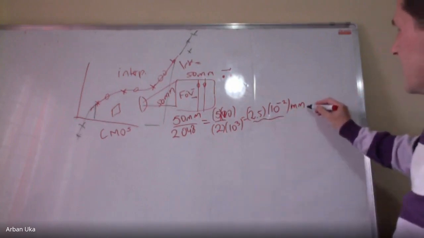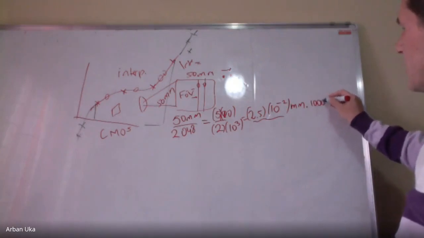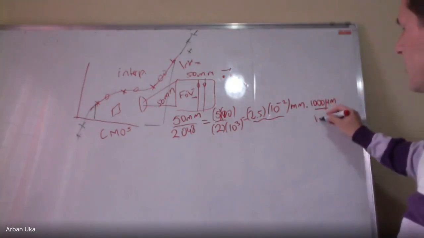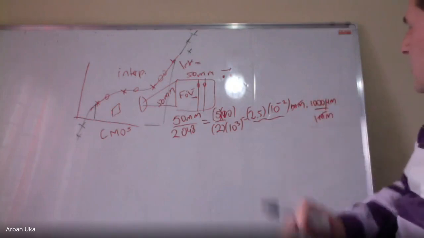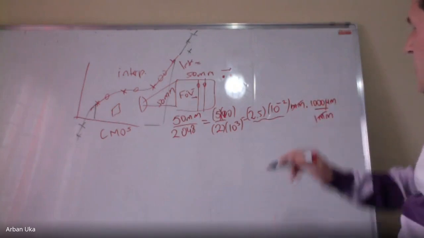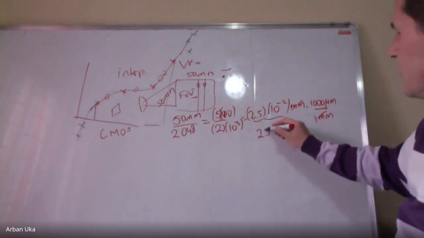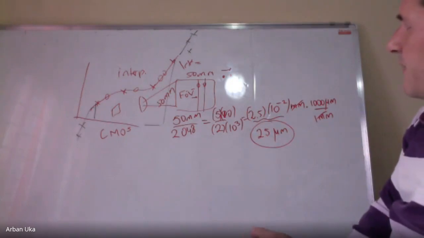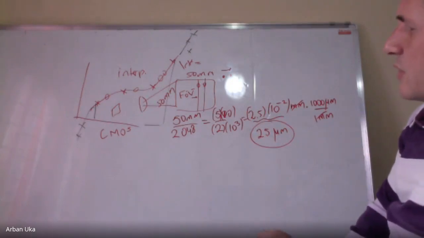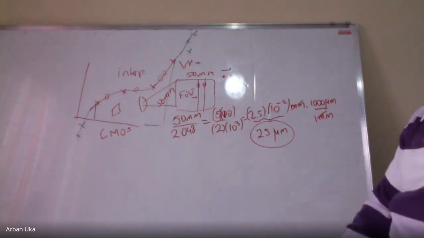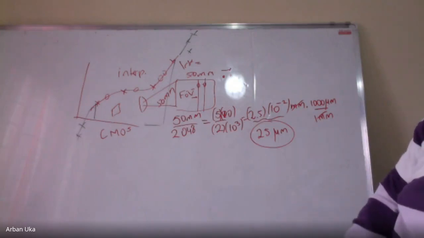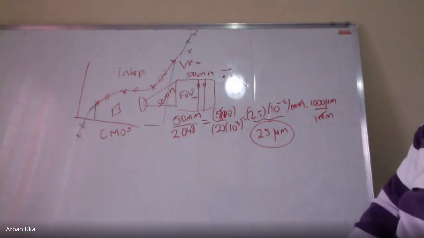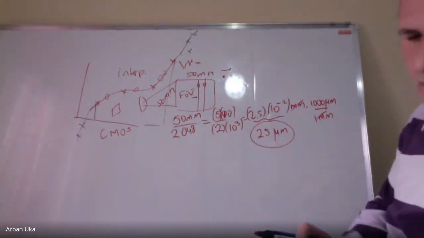If we multiply this by 1000 micrometer per 1 millimeter, we get a spatial resolution of approximately 25 micrometers, which is a really good resolution for a system which has no magnification at all. Imagine we are not magnifying anything, but just projecting a small region into a huge number of pixels. We can obtain such a spatial resolution.